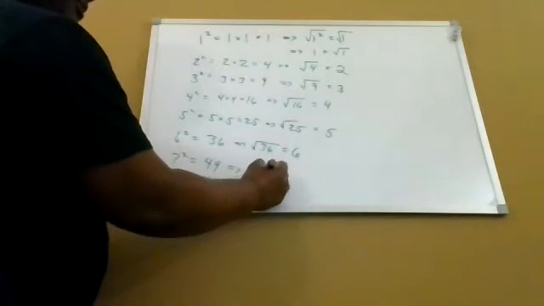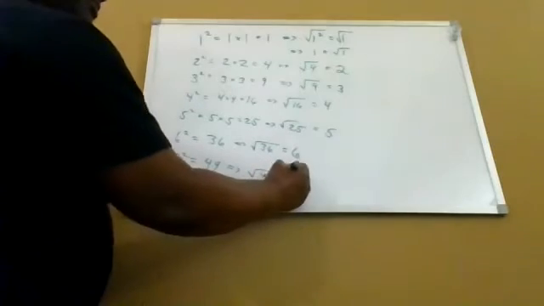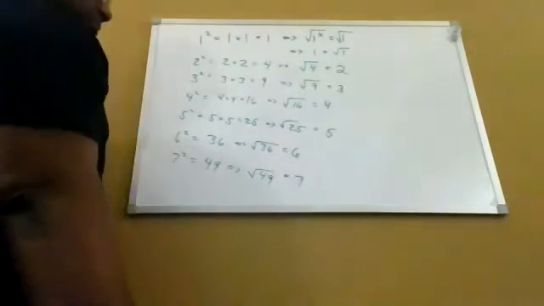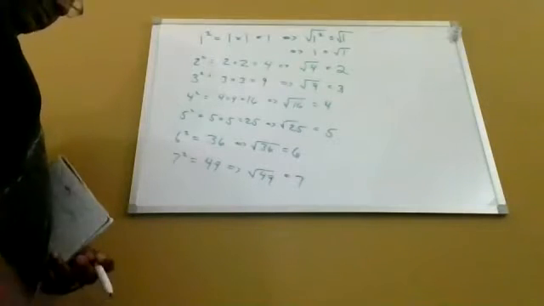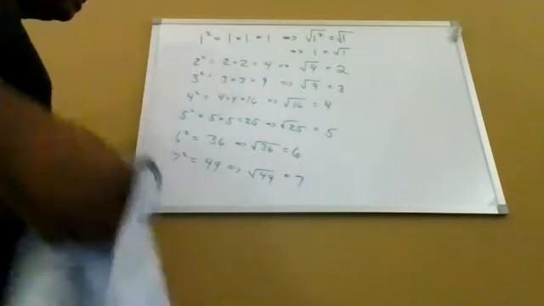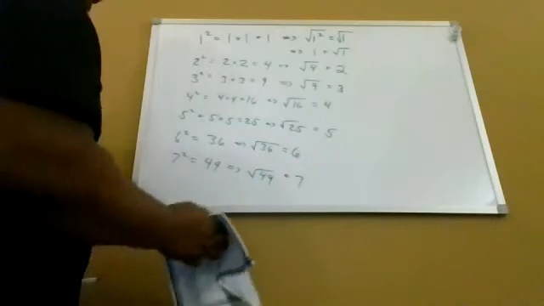So now the square root of 49 equals 7. We're going to erase this and continue with 8 squared, 9 squared, 10 squared, until we get to probably 13.